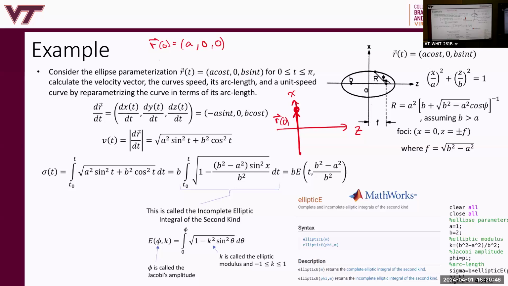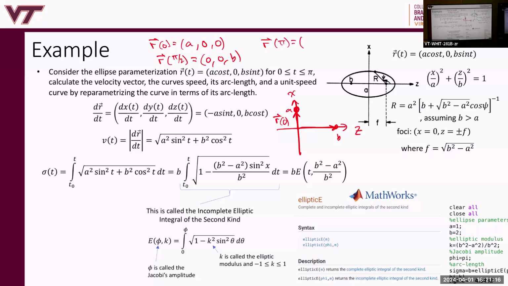So let's say t is equal to pi over 2. We get a times cosine of pi over 2, which is 0, right? And then 0, and then b. So at pi over 2, we're over here, right? So this is a, this is b. And then the last point is r of pi.